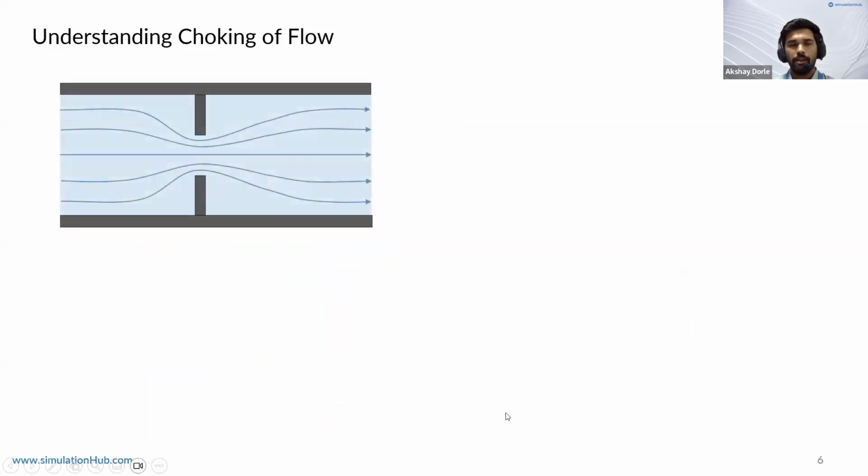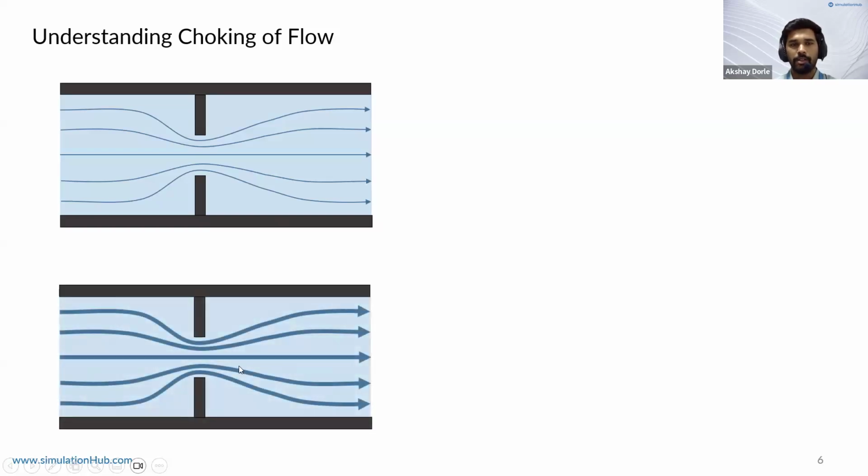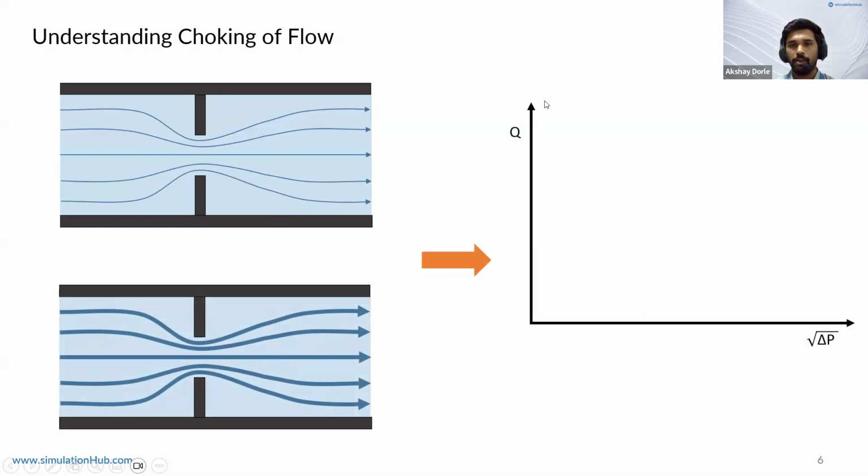Again, this is the idealized case, running at one velocity. We increase the magnitude of the velocity and plot it on a flow rate versus square root of pressure drop plot.